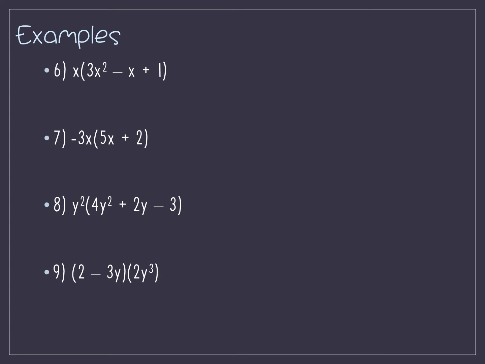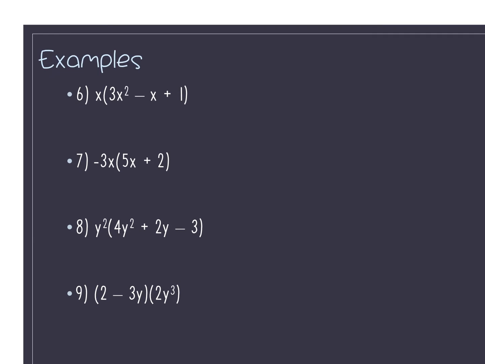So for the first one, it's just straight distributive property. I need to distribute the x to each one of the terms in my trinomial. So I'll distribute x to 3x squared, and it gives me 3x to the third power.